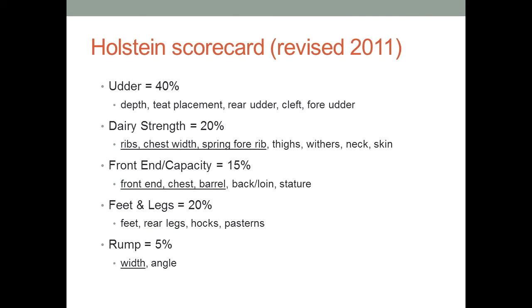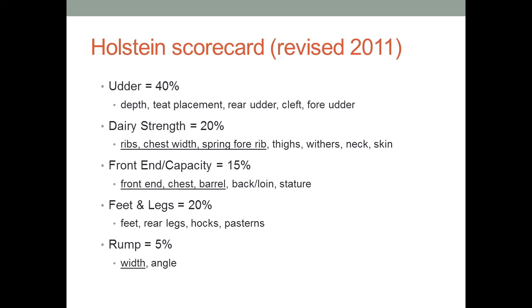So we've talked through all of the traits, and there's one more step in the classification process we should talk about. When the classifier finishes scoring the cow, finishes this linear scoring process, another process starts. In this process, he or she considers the traits just scored within the 5 categories of the Holstein scorecard. Obviously, for other breeds, they're not using the Holstein scorecard.